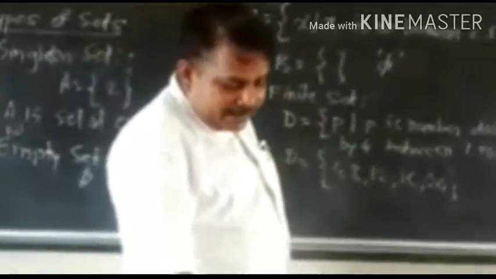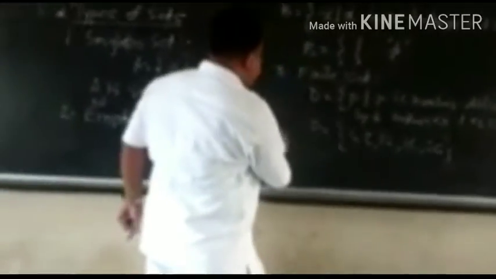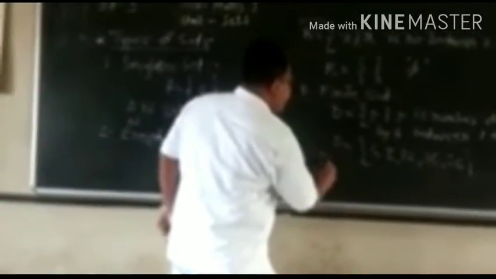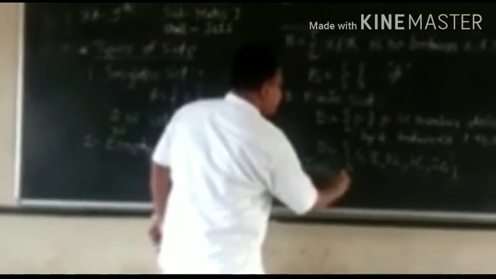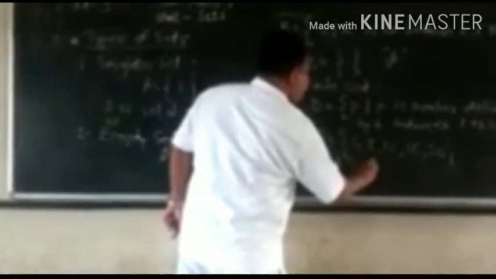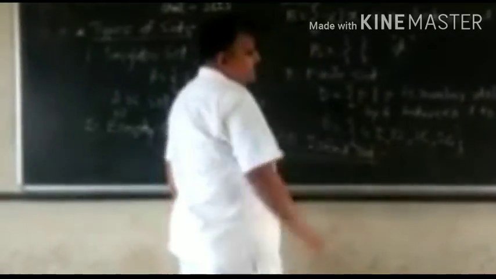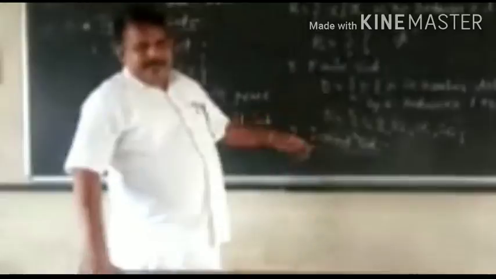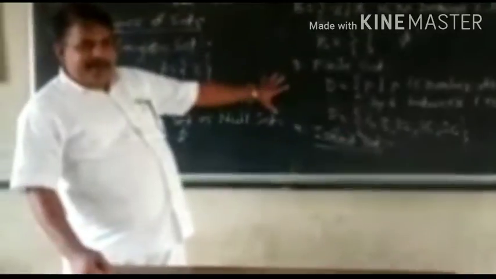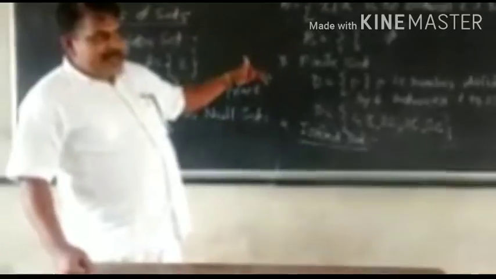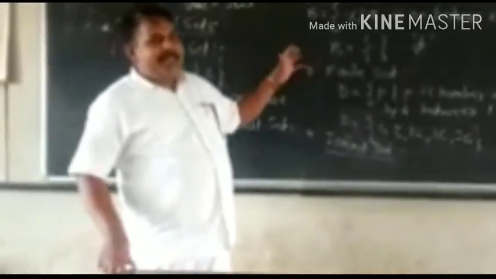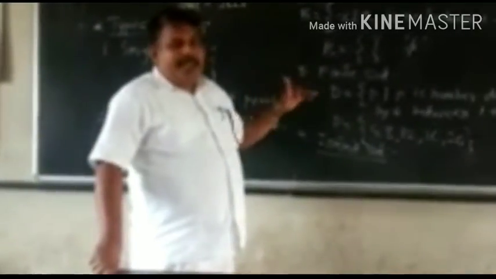Now we consider the last one, the fourth type, the infinite set. What is the meaning of infinite set? An infinite set can be defined as a set which consists of endless elements. That means there is no end.